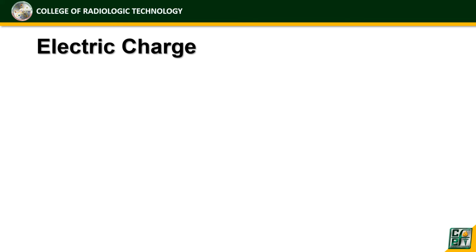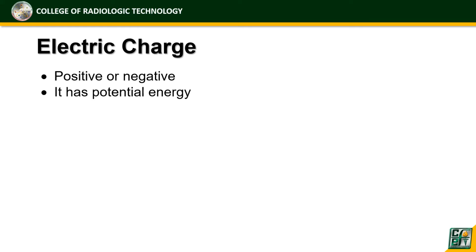So ano ba ang electric charge? Electric charge can either be positive or negative. So it has potential energy. Okay, what is potential energy? It is the ability to do work. Energy, di ba? And the smallest unit of electric charge is the electron and proton.